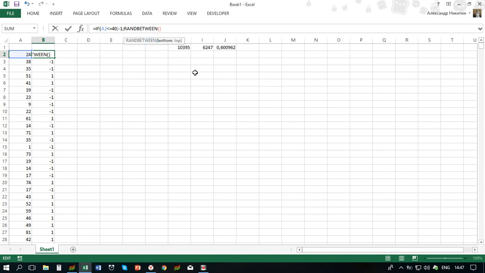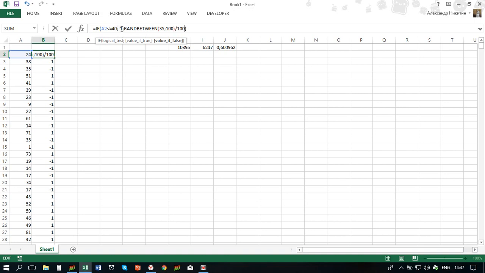You know that RAND BETWEEN doesn't deal with floating-point numbers, so we need to do it this way: 35, and 100, and then we will just divide it by 100. So 35 divided by 100 means 0.35, and 100 divided by 100 means 1. So it will give me a random number somewhere between these.